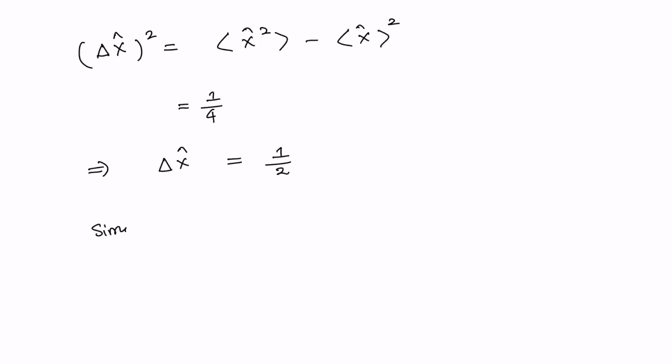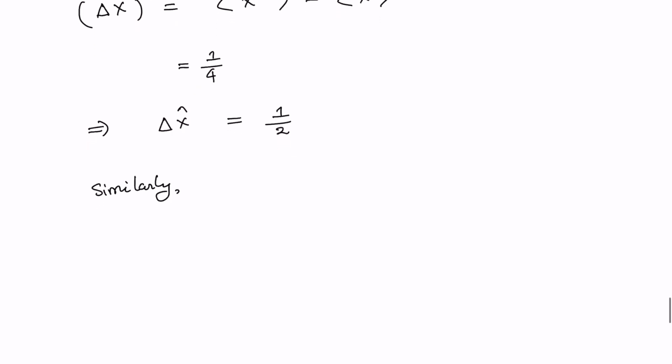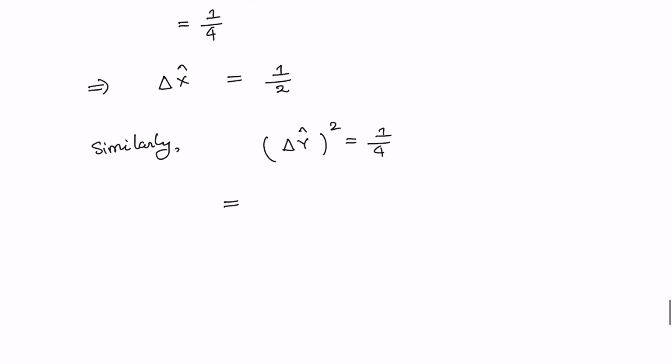Similarly, I urge you to do these very straightforward calculations. You can find that the variance in the other quadrature y is going to be 1/4, and therefore the standard deviation in y in the coherent state is going to be simply 1/2.